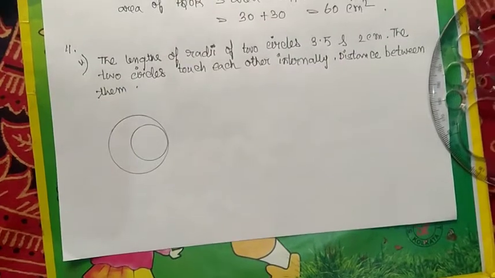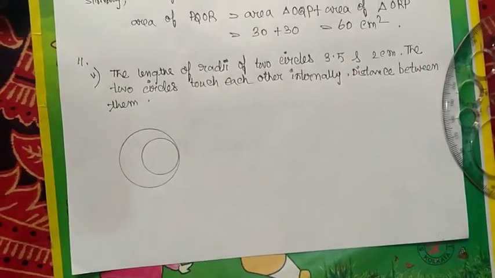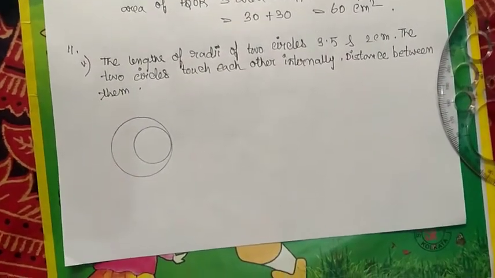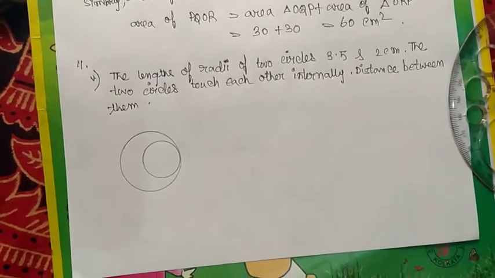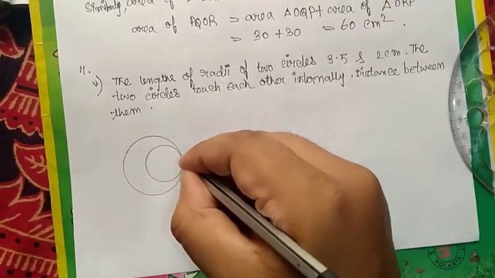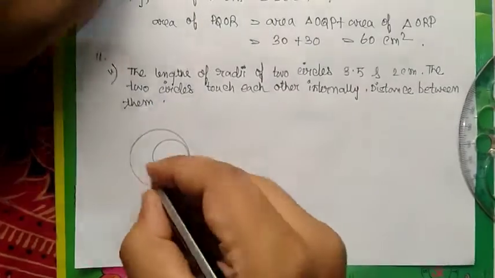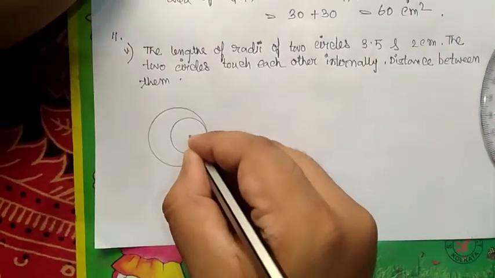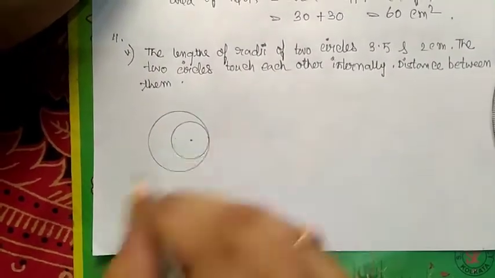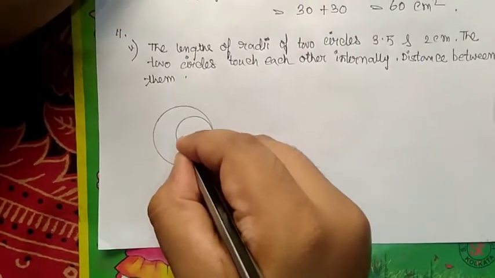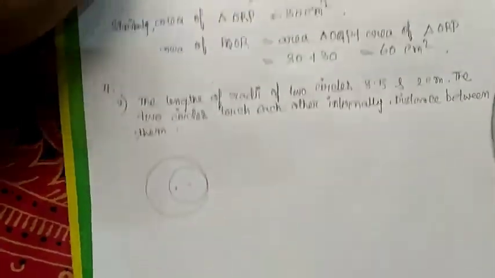This is a perfect example of two circles with different radius touching each other internally. This is the point of intersection. Now this is the center of the smaller circle and this is the center of the larger circle.